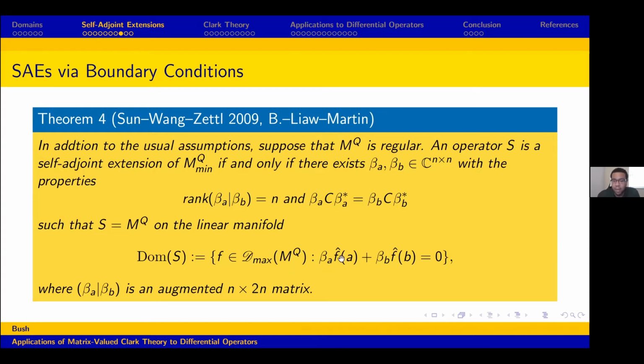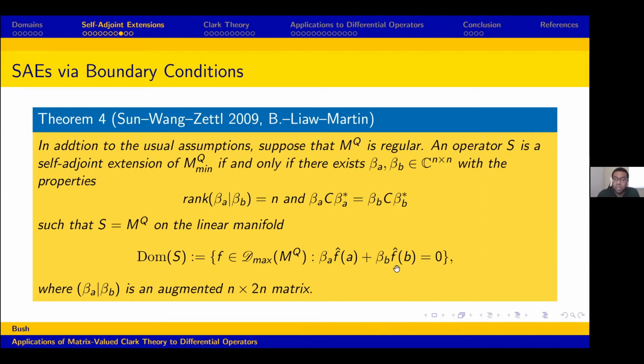So beta A f hat evaluated at A plus beta B f hat evaluated at B is 0. And recall these f hats are just our quasi derivatives counting up from 0 to n-1. And so now we have boundary conditions.